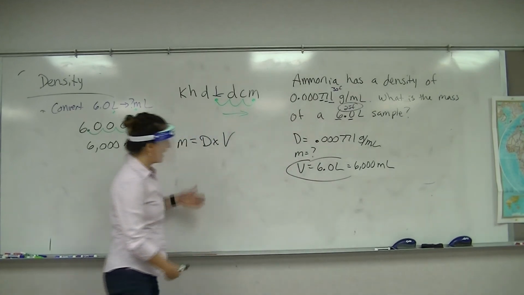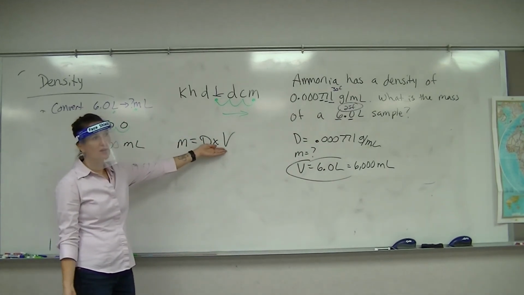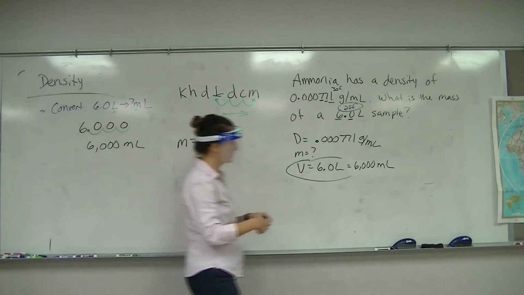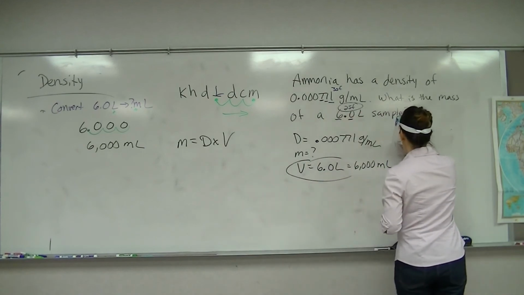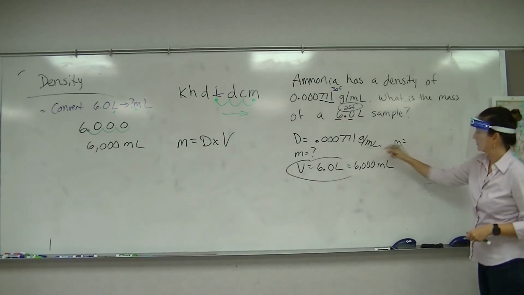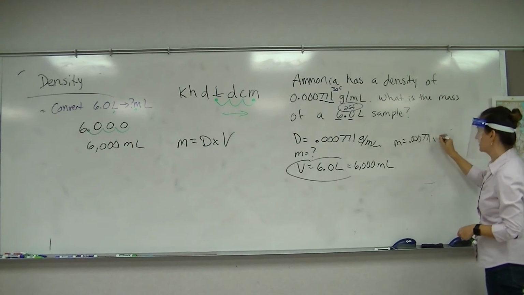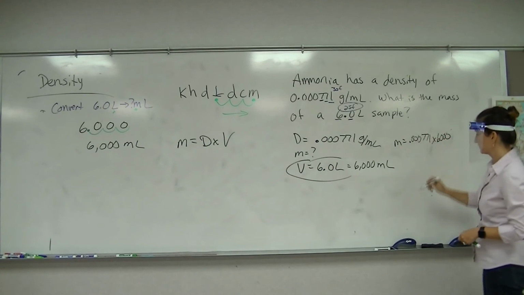Since we're solving for mass, we figured out the rearranged equation for mass in the last problem. So we use the same equation. Take the density times the volume. So mass is going to be equal to 0.000771 times 6,000.